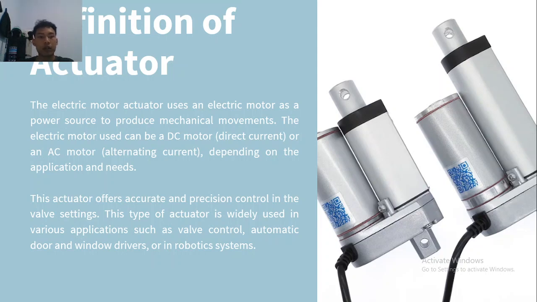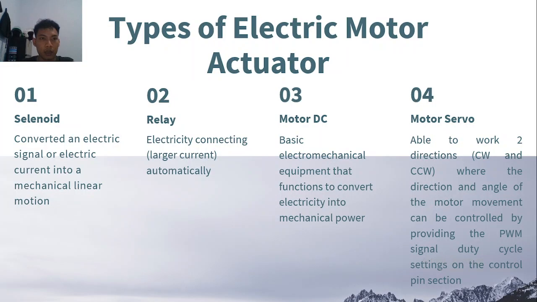These actuators offer accurate and precise control in valve settings. This type of actuator is widely used in various applications such as valve control, automatic door and window drivers, or in robotic systems.